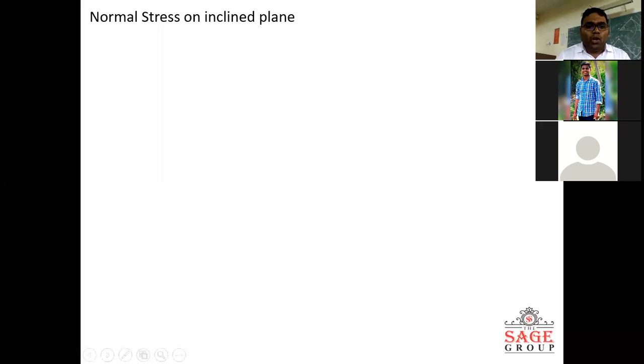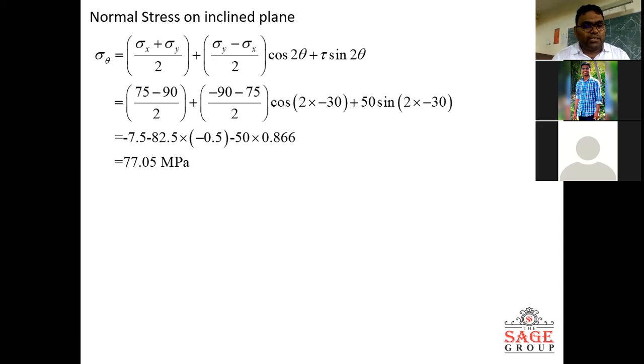So, the normal stress on the inclined plane. We know the formula for that: sigma theta is equal to sigma y plus sigma x by 2, plus sigma y minus sigma x by 2 cos 2 theta plus tau sin 2 theta. This is the simple formula we discussed in the previous classes. Just put the respective values of sigma x and sigma y.